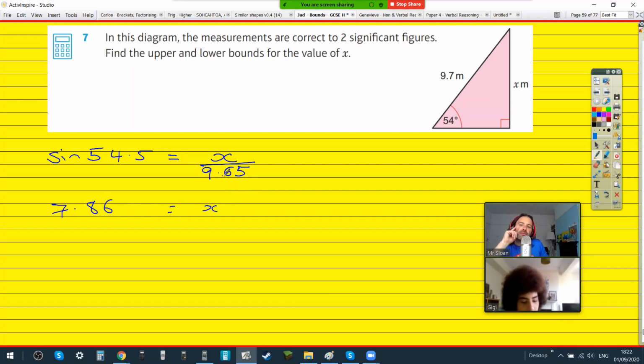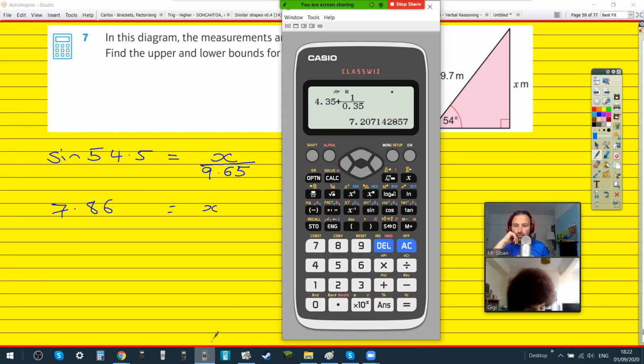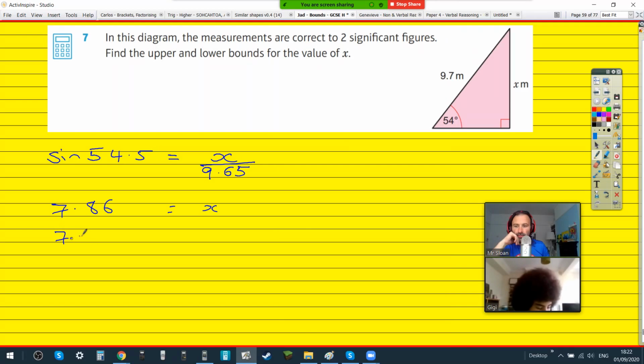Try 9.75. 7.93. And so which is the upper bound? The lower one's the upper bound.